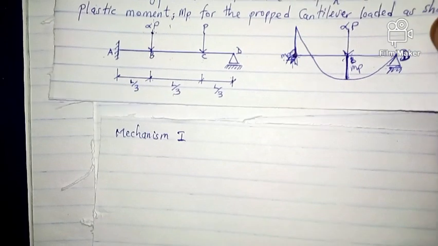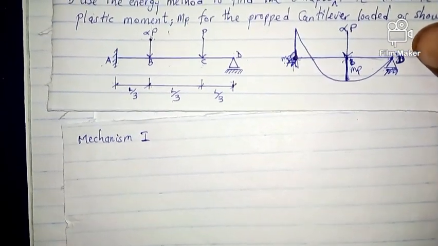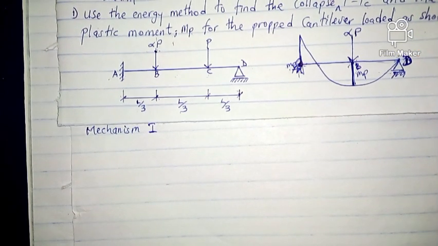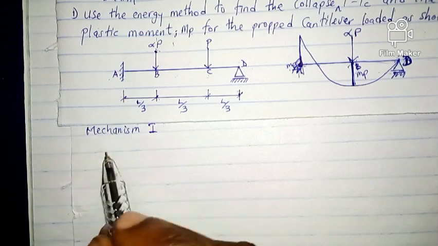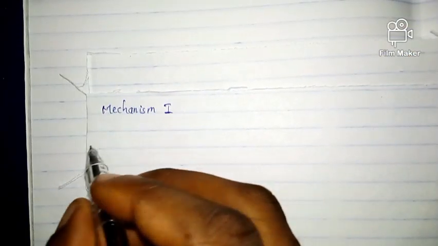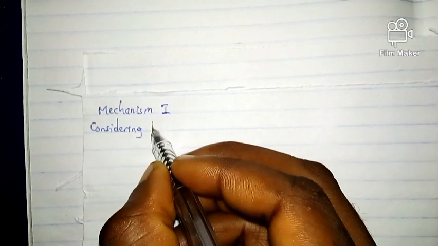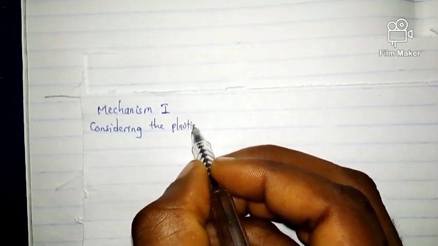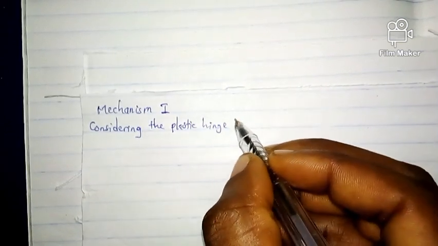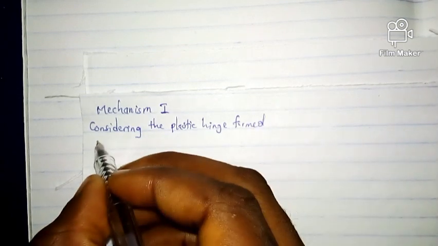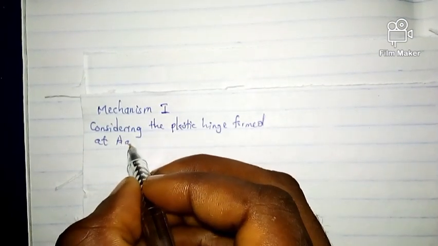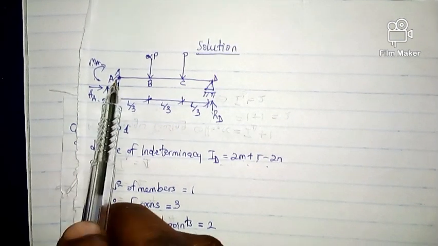Mechanism 1 means we are solving, considering a plastic hinge formed at A and B. Remember, a plastic hinge will be formed at A and B.